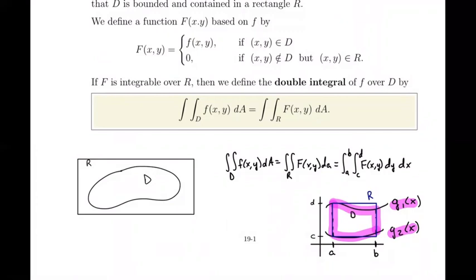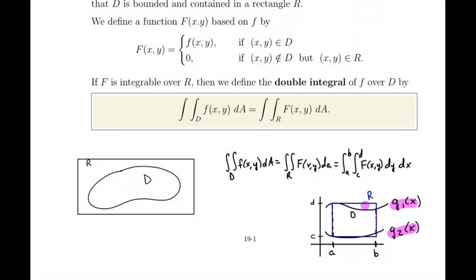So the domain of the function is that set D right there. We want to find the volume, or at least integrate the function over this set D. Now, capital F is equal to lowercase f on all of this set D, and anywhere outside of it, but still inside the rectangle, it's equal to 0.